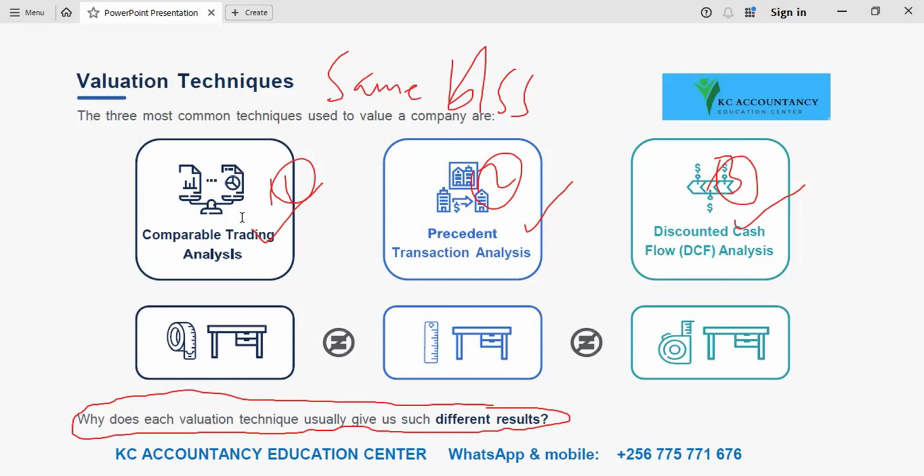But now the challenge is, why do these give different results? Yet we are valuing the same business. That's what we are focusing on.